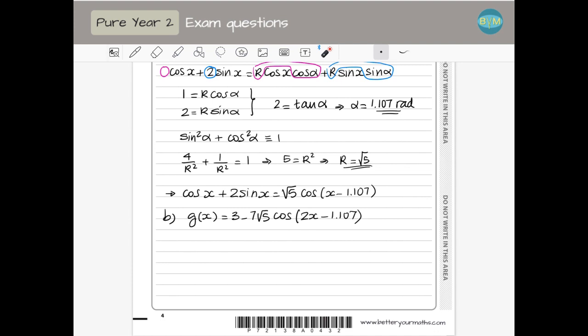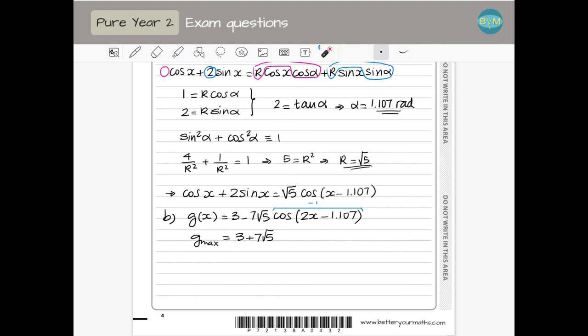The whole thing will be maximum when I have 3 and I am adding the maximum value this can take. That is when cos is minus 1, and that minus 1 together with this minus becomes a plus, so it's 3 plus 7 root 5. That's my maximum value. The max is 3 plus 7 root 5, and it happens when this cos is minus 1.